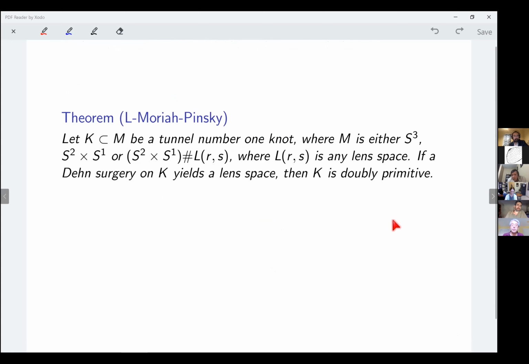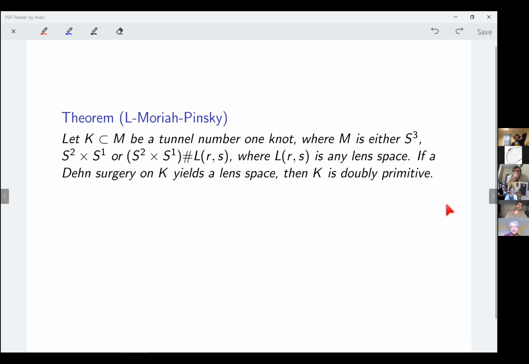So the main theorem I'm going to talk about is: if you have a knot in a 3-manifold, and this manifold can be S3, or S2 cross S1, or a connected sum of S2 cross S1 with lens spaces, and if this knot is tunnel number 1, and if it has a lens space surgery, then this knot must be doubly primitive.